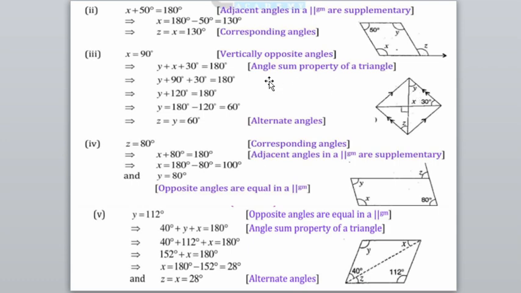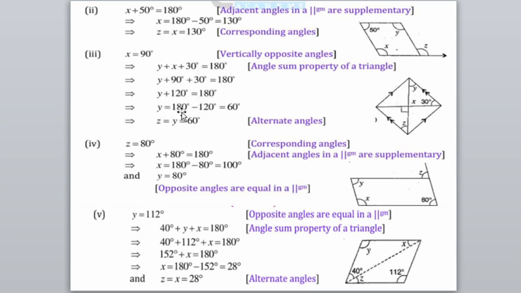So that is, by using angle sum property of a triangle, y plus x plus 30 degree equals 180 degree, and here we got x as 90 degree. Then y plus 90 degree plus 30 degree equals 180 degree. Then 90 plus 30 is 120 degree. y plus 120 degree equals 180 degree.